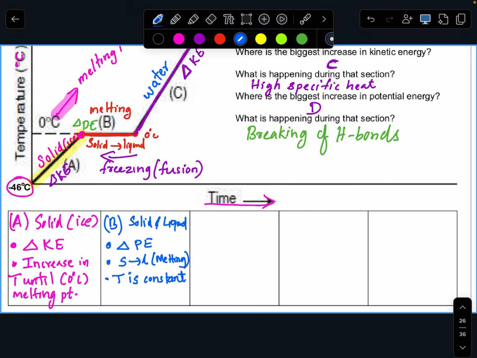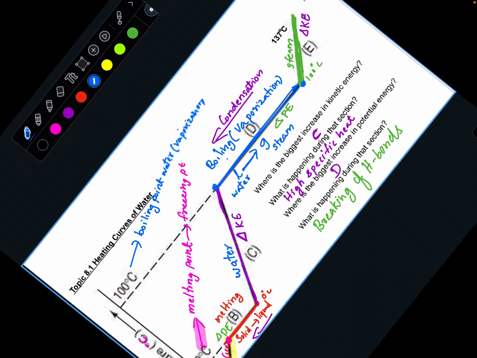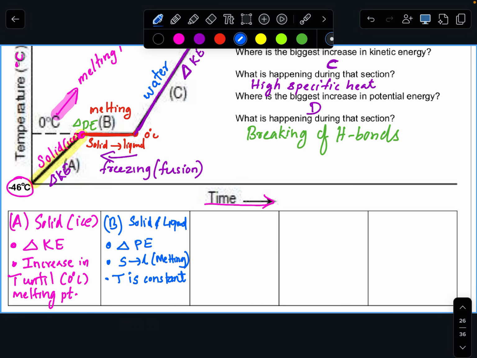Okay, so line C. Line C is liquid water, right? And you can see there is a slanted line, so change in what happens?